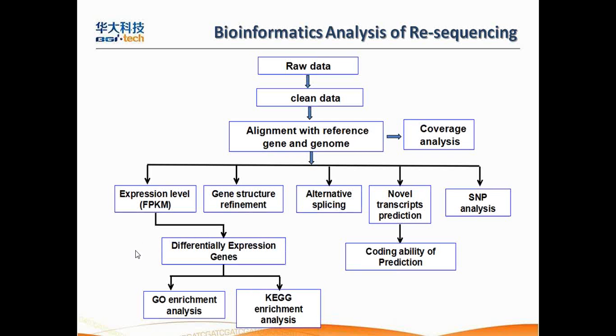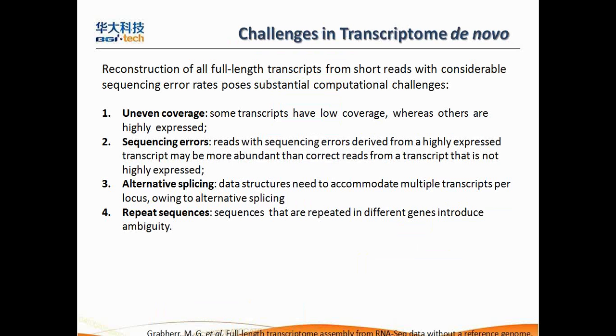And if there's more than one sample, we can compare the expression difference between different samples, whether a gene is downregulated or upregulated in different samples, and what the function of those differentially expressed genes is. So this is a general idea of the whole pipeline, and I will give you some more information about the technical details.